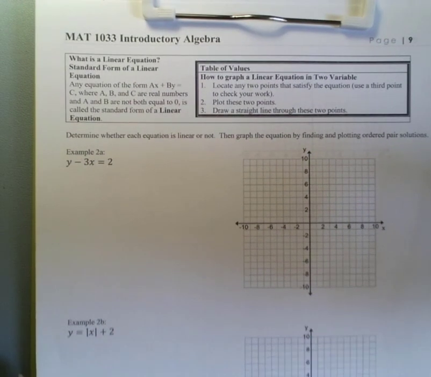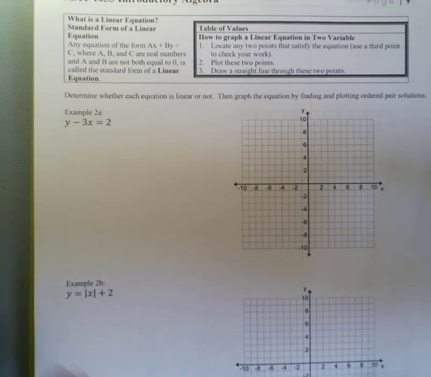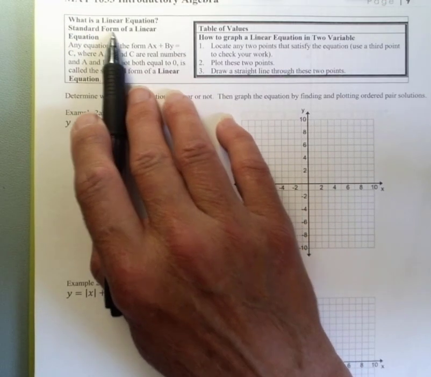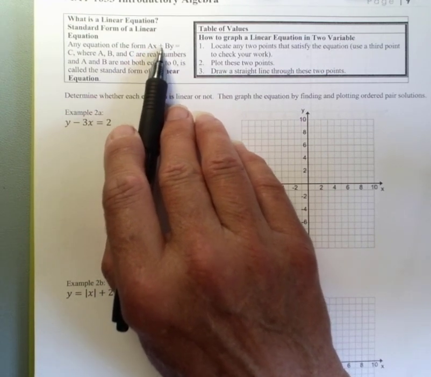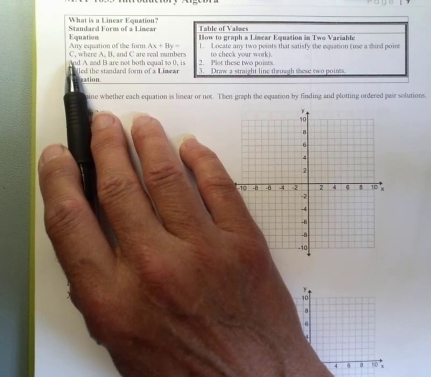Now, what exactly is our definition of a linear equation? A linear equation really has 2 points on it, and any 2 points give us a straight line, right? A linear equation is something that will give us a straight line, and the standard form of a linear equation is this one. We have a number times x plus a number times y equal to a third number.